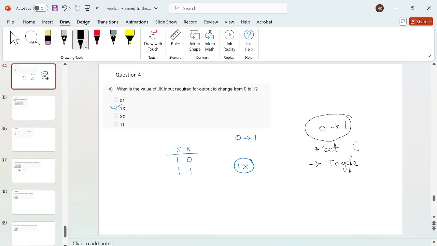When it is set, the combination of input is 1 0, and for toggle it is 1 1. So whatever this input is, if we apply it, the output will go from 0 to 1. Is it clear? Okay, so any other doubts?